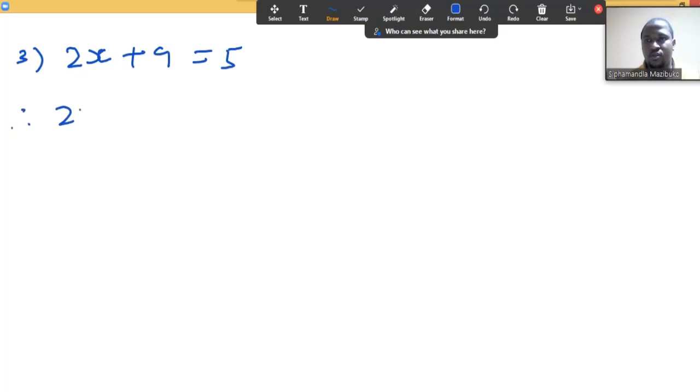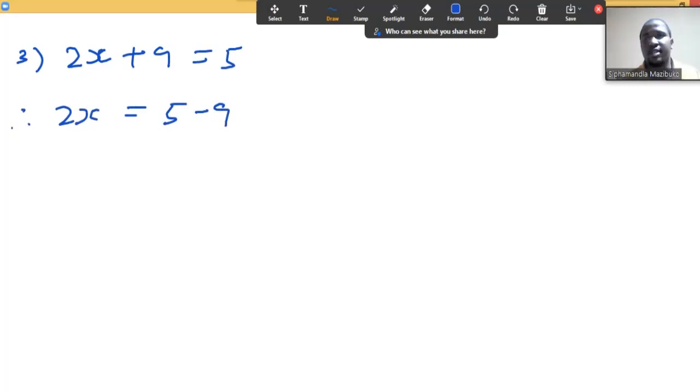Okay, let's look at our third example. In our third example we have 2x plus 9 is equal to 5. Therefore 2x is equal to 5 minus 9.